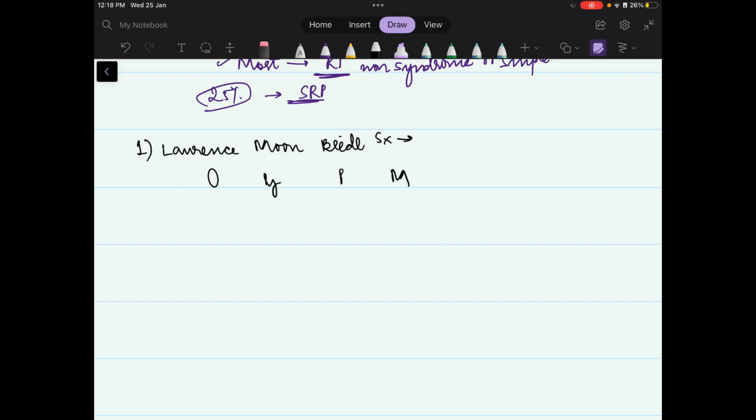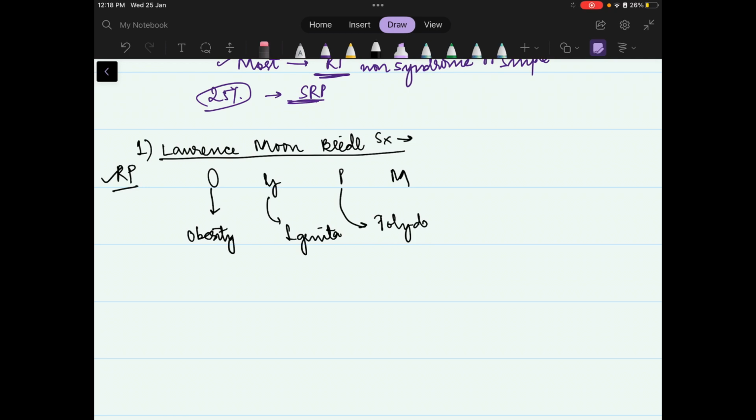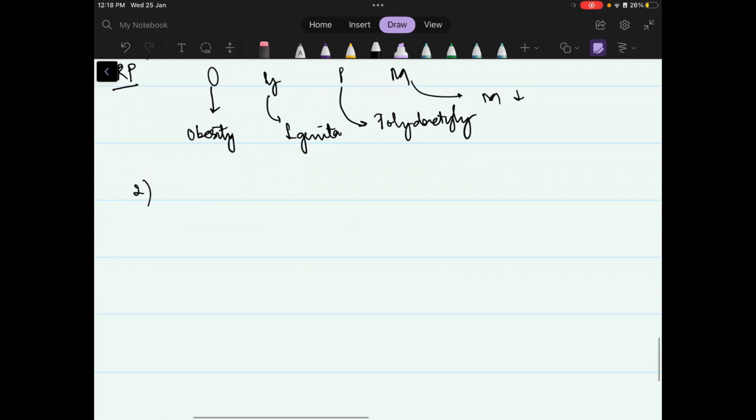Retinitis pigmentosa will be seen, and for O, there will be obesity; G for hypogenitalism; P for polydactyly; and M for mental deficiency. Then coming to the second syndrome, Cockayne syndrome. With C, you can remember it will have cerebellar features like ataxia and nystagmus.